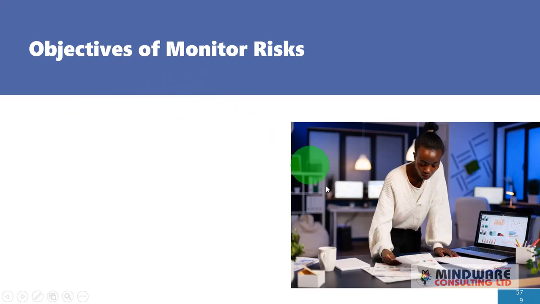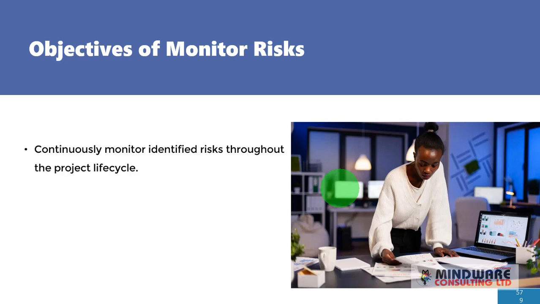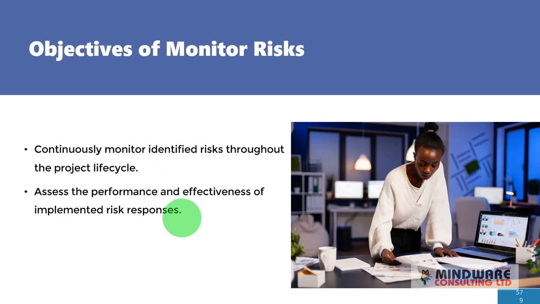Now, what are the objectives of this process? Firstly, it helps us to continuously monitor identified risks throughout the project life cycle. Okay, so you keep tabs on the risks so that they don't go overboard and actually affect your project outcomes or objectives.